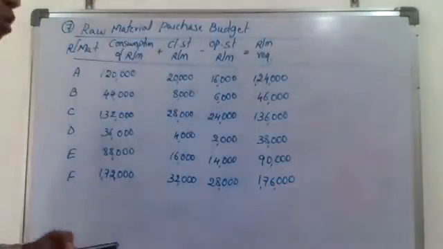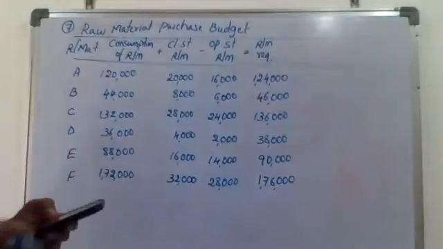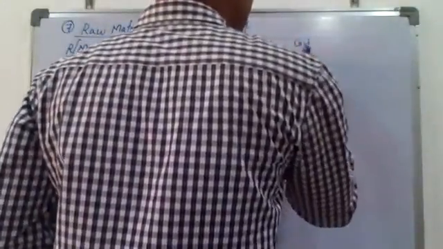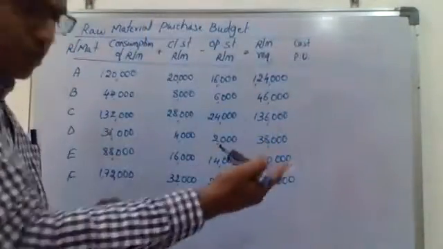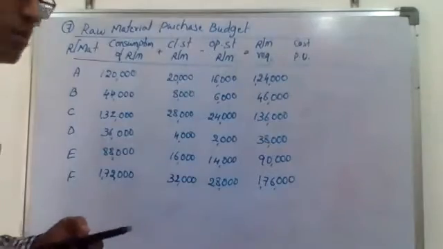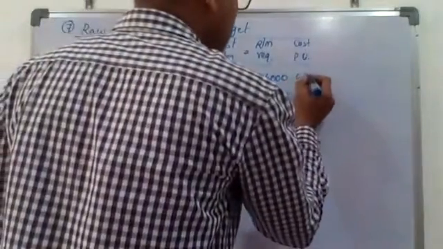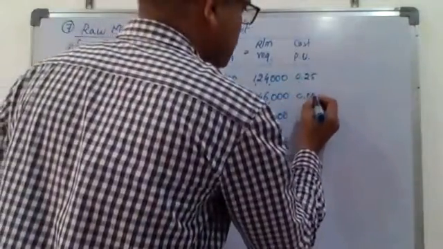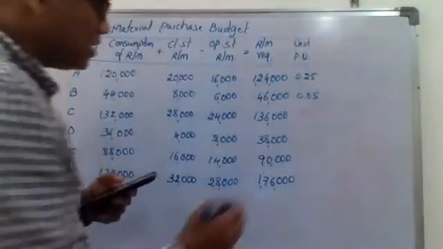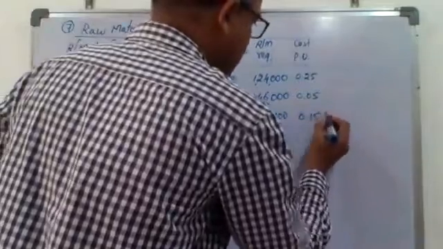So actually the quantity budget is done, but in the last line of the question he says standard price per unit. So he has given the cost per unit of this raw material. So you can multiply with this cost per unit. They are 25 paise, so be careful, it is 0.25. 5 paise, 0.05. 15 paise, so it is 0.15 per kilo.